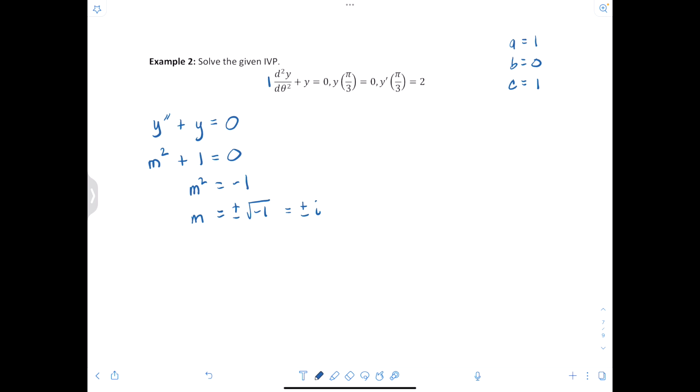Now you could write m1, if you wanted, as 0 plus 1i, and m2 would be 0 minus 1i. So alpha is 0, beta is 1. Cool so far? So your general solution would be e to the 0 times x.